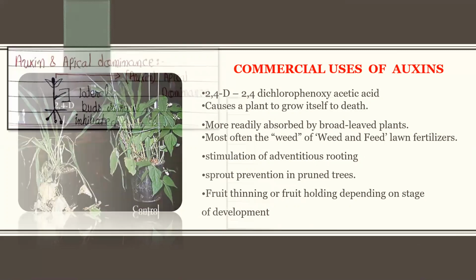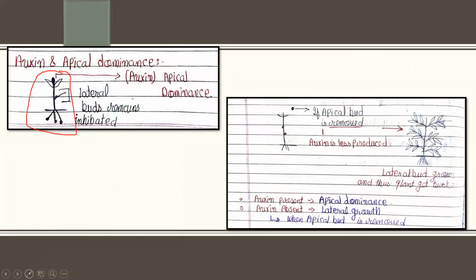There is an important point I forgot to mention in this part: auxin produces another hormone which is called strigolactone.